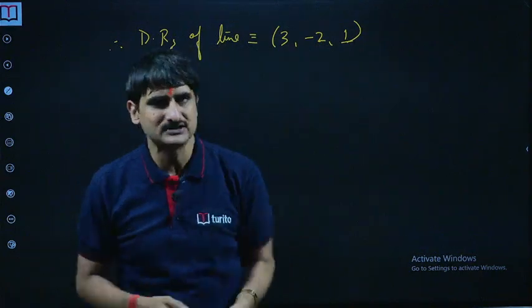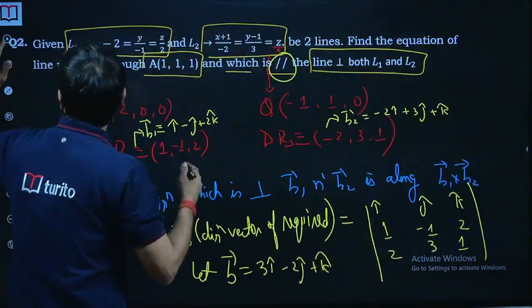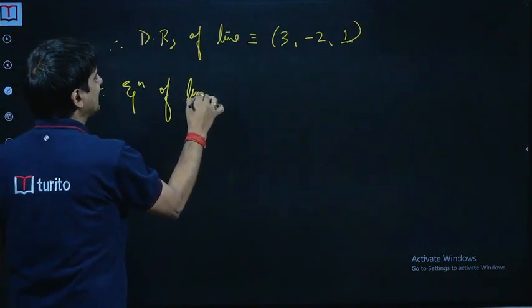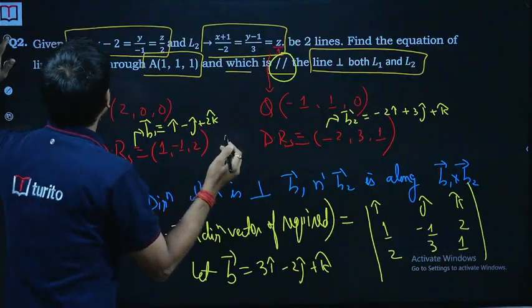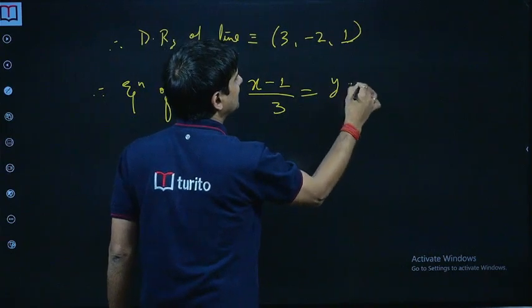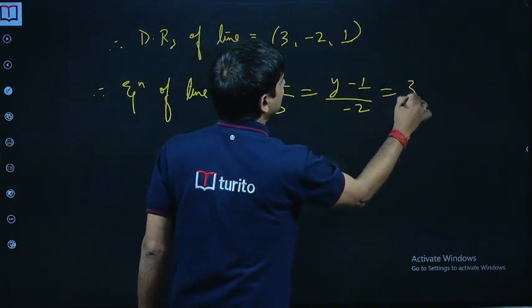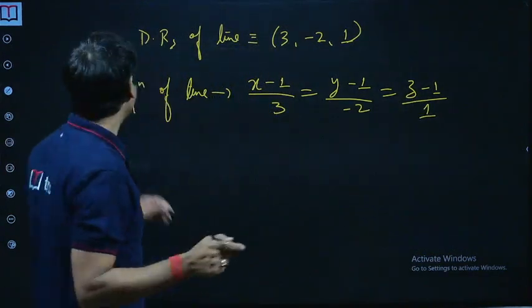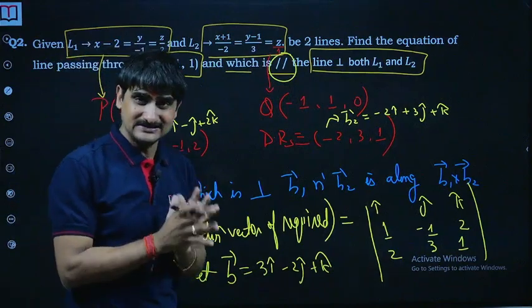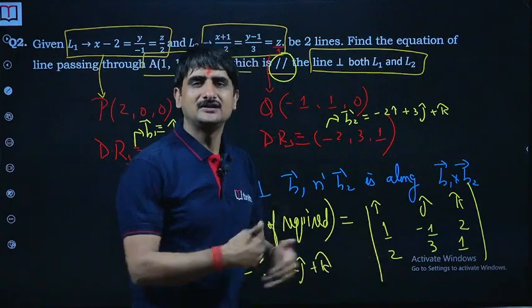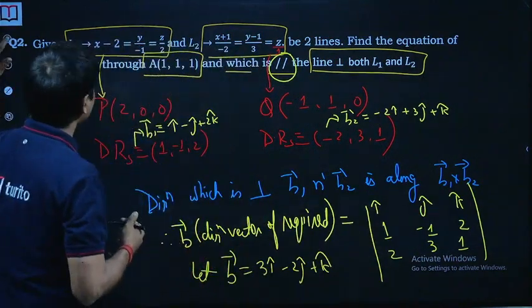So therefore, the equation of line can be x minus 1 by 3 is equal to y minus 1 by minus 2 is equal to z minus 1 by 1. And I'm not claiming, be careful, I just said let us say that we got this as b. You can easily get it, and then you can get the DRs, and hence you can solve this question.